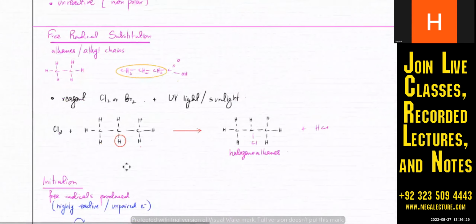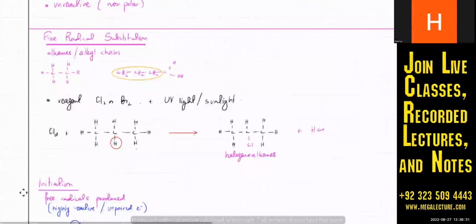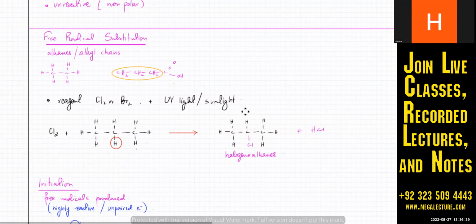They only have one reaction, which is free radical substitution, where you have UV light and chlorine or bromine is added. What happens is that any of the hydrogens will get substituted by Cl. Cl is going to knock them out, and it will form halogenoalkanes.